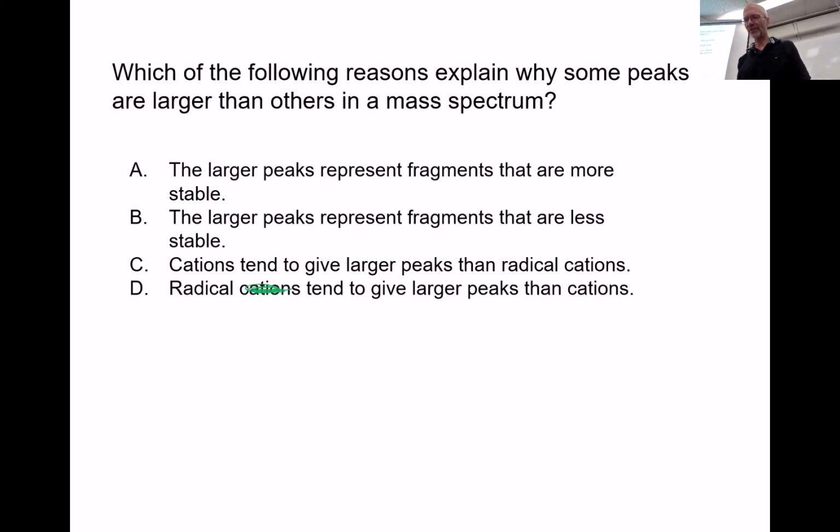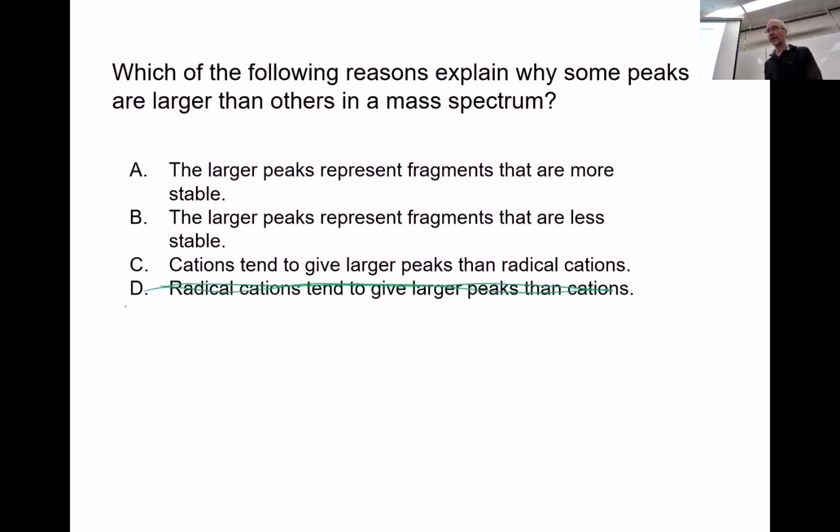I was ignoring that it was there, and I was like, radicals tend to give larger peaks than cations, and that would have been ridiculous because of course radicals can't give any peaks. But radical cations tend to give larger peaks than cations. Remember, the radical cation would generally be the molecular ion, and often the molecular ion is not the major peak. So it's not as ridiculous, but it's certainly not a valid statement.